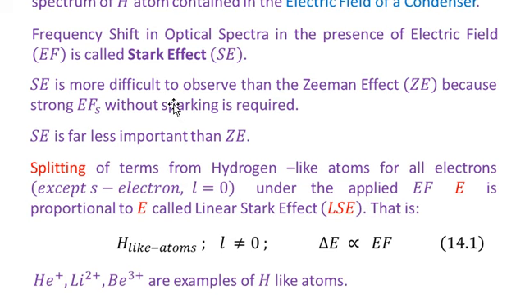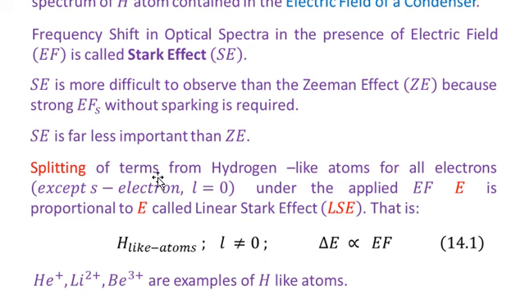So under very careful conditions, we apply a strong electric field to the atoms, and moreover, this phenomenon, that is the Stark effect, is difficult to observe as compared with the Zeeman effect. Stark effect is far less important than the Zeeman effect. So Zeeman effect has got more applications in comparison with the Stark effect as far as atomic physics is concerned. But here we shall see that there are also some definite applications related to the Stark effect.